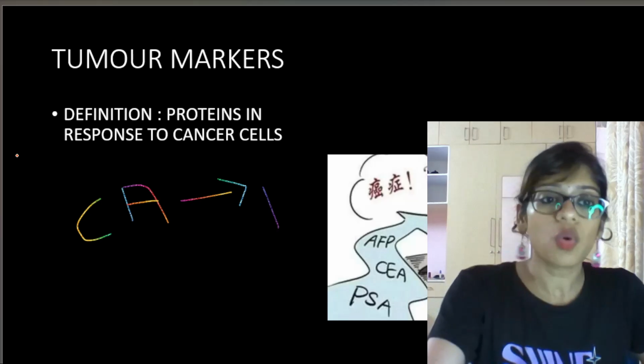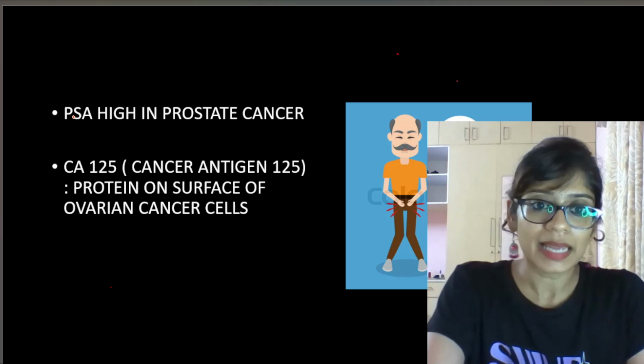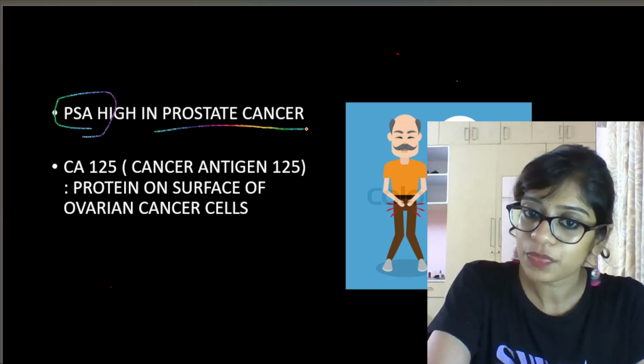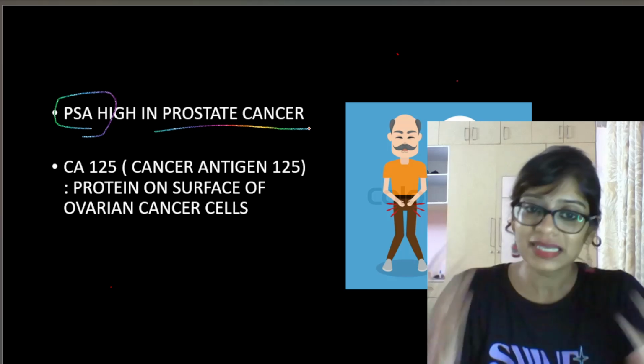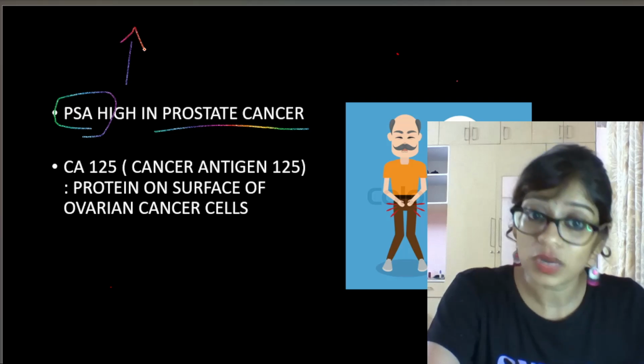Now each tumor has its own specific tumor markers. Like if PSA is high, you will think about, okay, what is PSA? Prostate specific antigen. If PSA in blood is very high, you will think of prostate cancer.